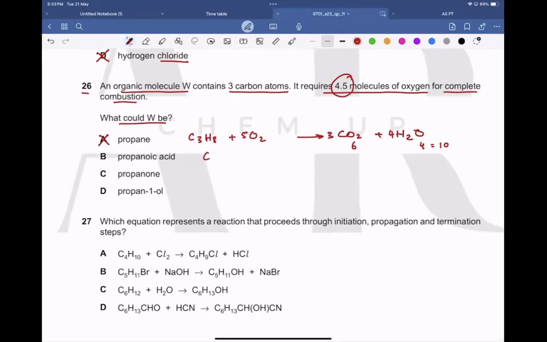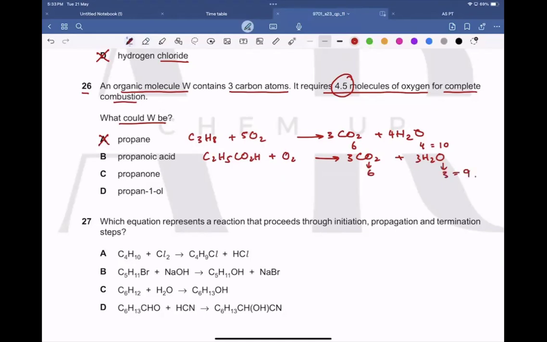Okay. Now propanoic acid is C2H5CO2H. When it reacts with the oxygen, we again get carbon dioxide and water. So there are 3 carbon dioxide formed, and 6 hydrogens are there, so I will put 3 over here. 3 times 2 makes it 6, and 3 times 1 makes it 3.